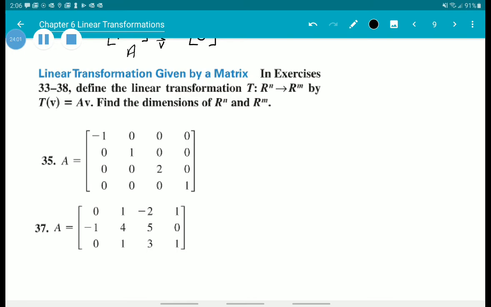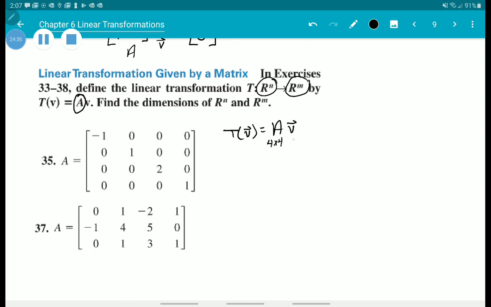In exercises 35 and 37, they're asking us to find the dimensions of Rn and Rm. So Rn is where we're starting, Rm is where we're going, and we've got that transformation matrix A. And we're asking, what are the dimensions of Rn and Rm? So we know that the transformation of V is going to be equal to A times V. If we look at our A here, our A is a 4 by 4.